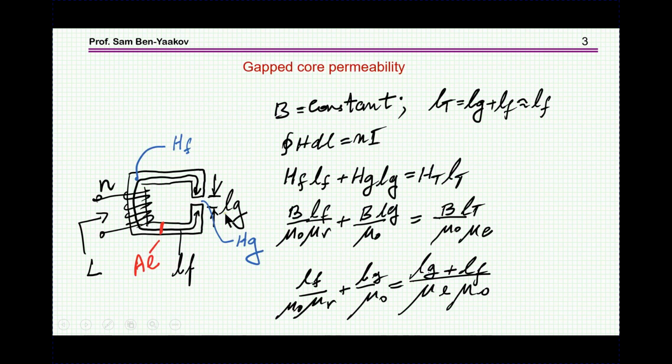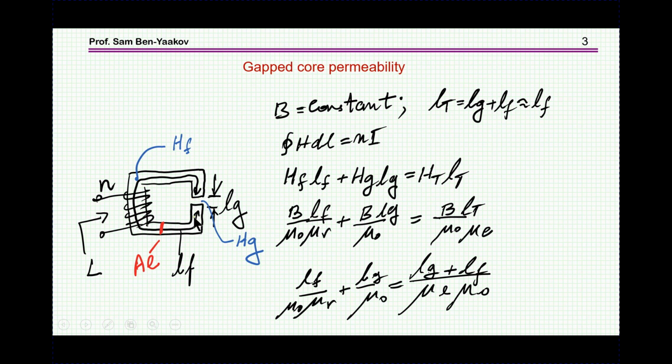Let me start off, however, with the development of the gapped core permeability, or the equivalent permeability of a gapped core. So here we have a core, we have n turns, we have the magnetic path length within the ferrite, L sub F, we have the length of the gap, L sub G, we have the cross-section area of the ferrite, which is also the cross-section here.